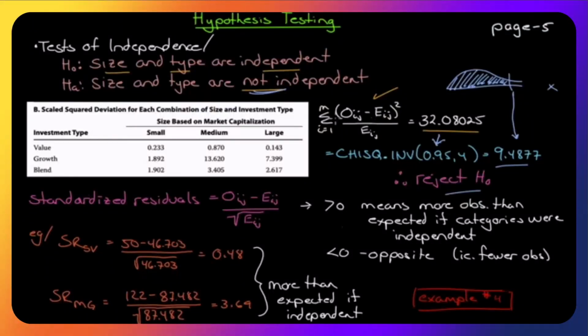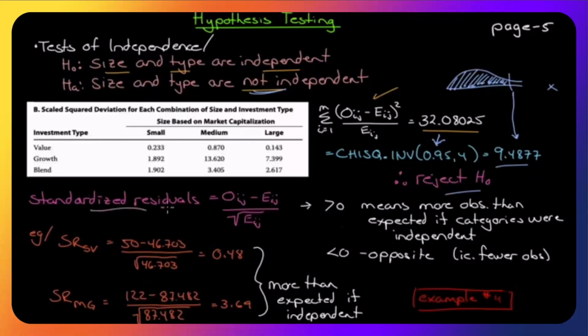However we get to this conclusion, they are not independent. Because of the nature of what we're doing, all of the entries in this table, all of the values that we sum to get the chi-square test statistic, will be positive. So it tells us nothing about, well, given that we conclude they're not independent, are we seeing more than we should or less than we should if they were independent? It doesn't tell us that because they're all positive.